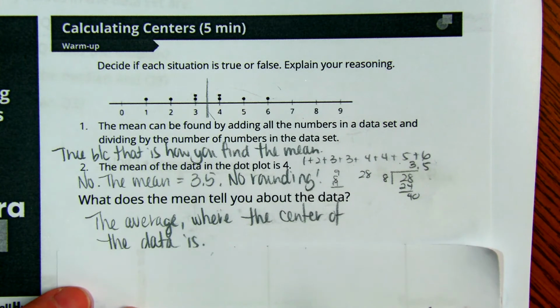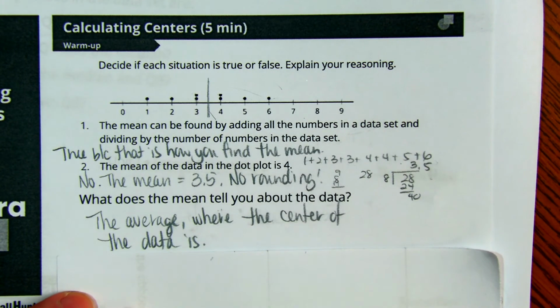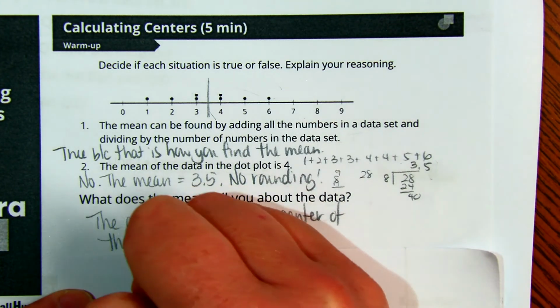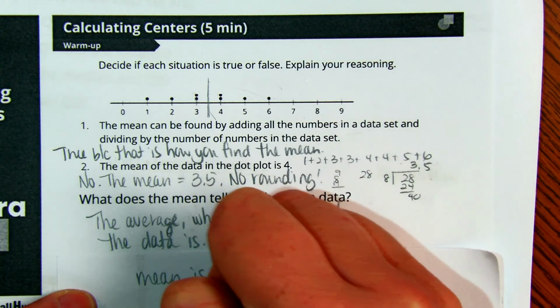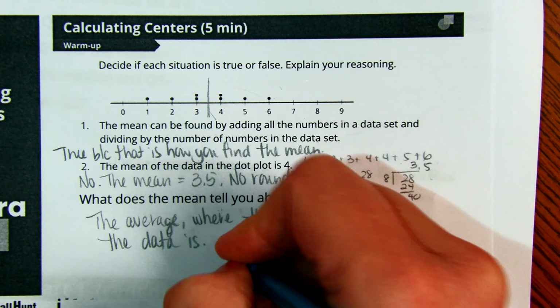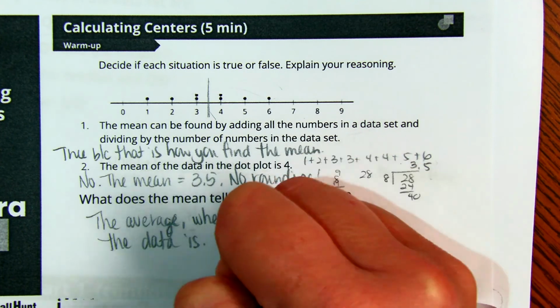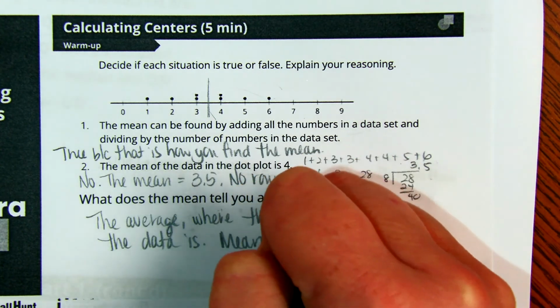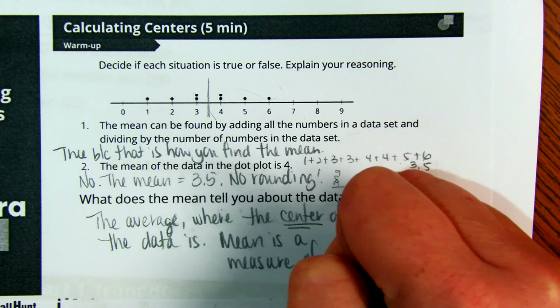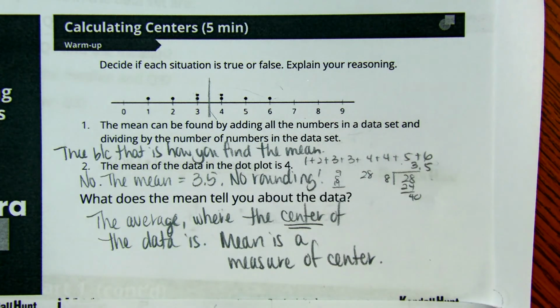So it's the average of where the center of the data actually is. So you need to understand that mean is a measure of center.